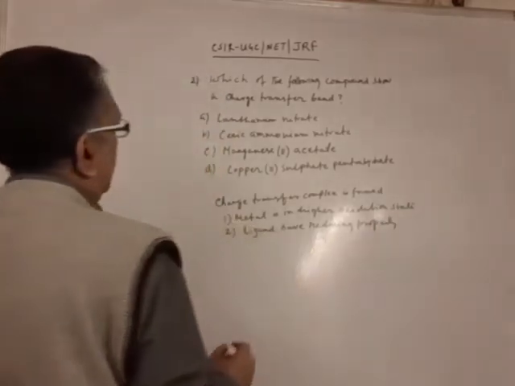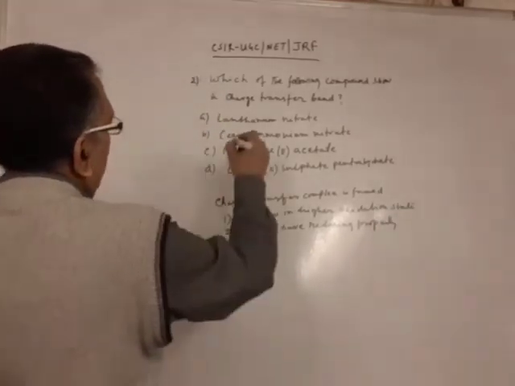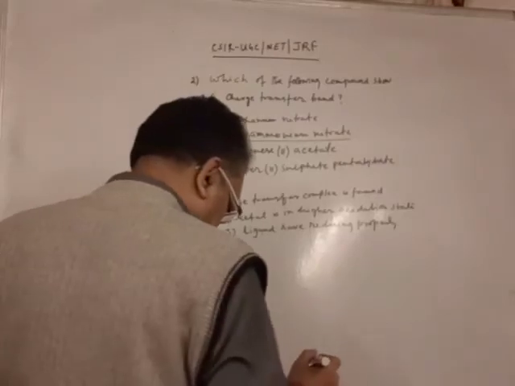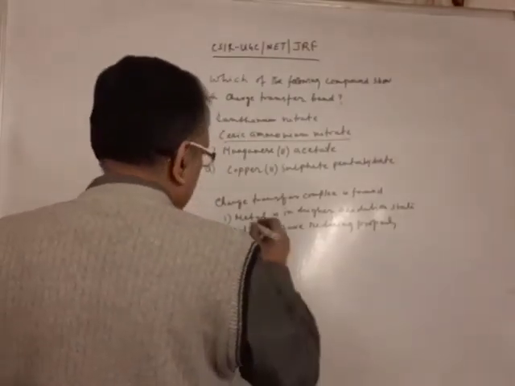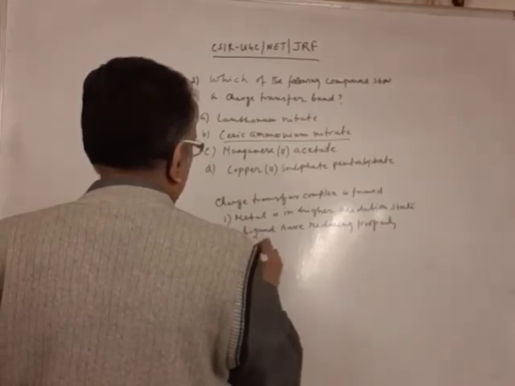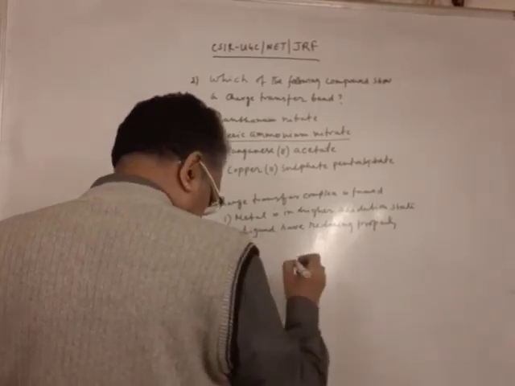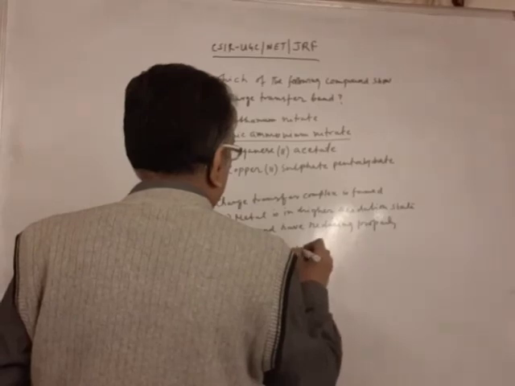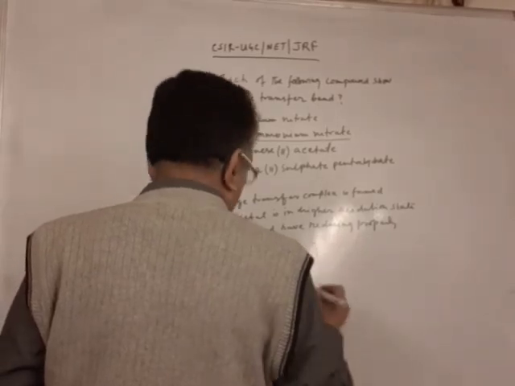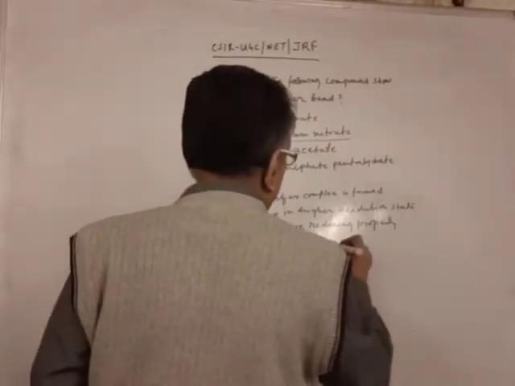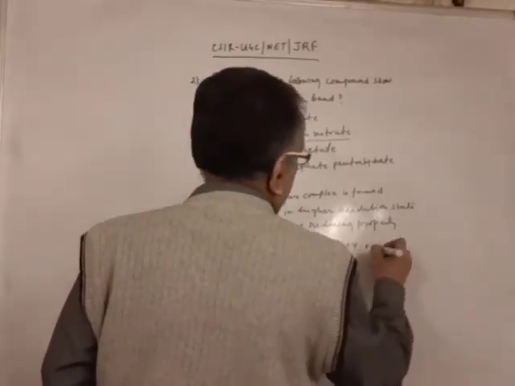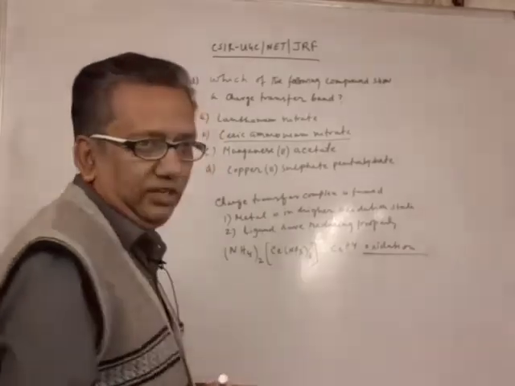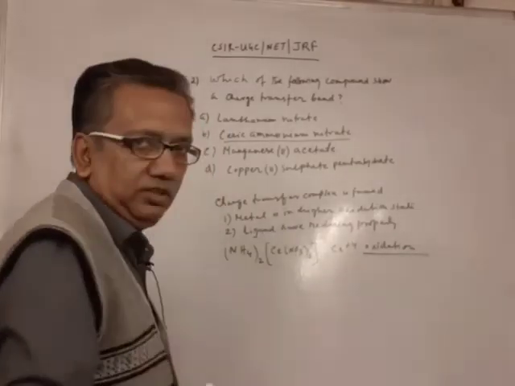In this case, among these four complexes, in ceric ammonium nitrate, (NH4)2[Ce(NO3)6], Ce is in the +4 oxidation state, which is a higher oxidation state, and these can form a charge transfer complex.